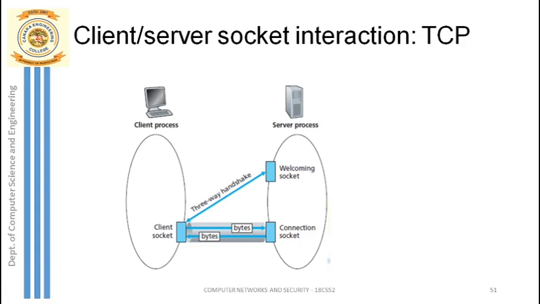Now once the client receives the server's reply, the client will start asking for data. The client can ask the server for a home page, or send an email, or send any message to the server.